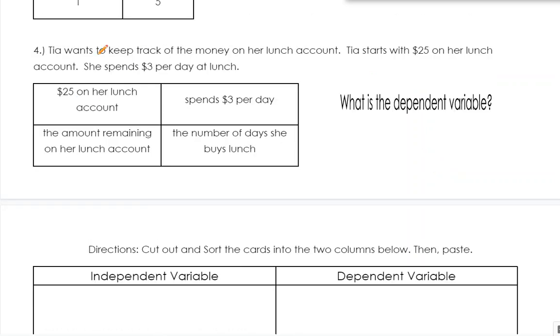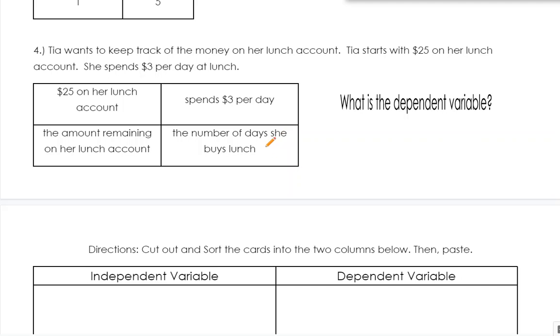let's keep going on. Okay, so it says Tia wants to keep track of the money on her lunch account. Tia starts with $25 on her lunch account. She spends $3 per day at lunch. What is the dependent variable? Okay, so what's dependent on the other thing? So let's see here. $25 on her lunch account, spends $3 per day. The amount remaining in her lunch account, or the number of days she buys lunch.